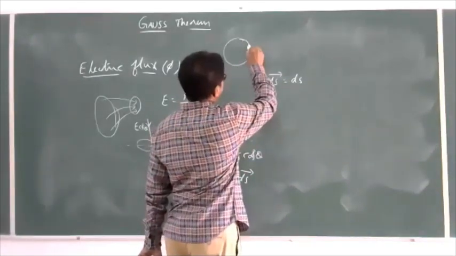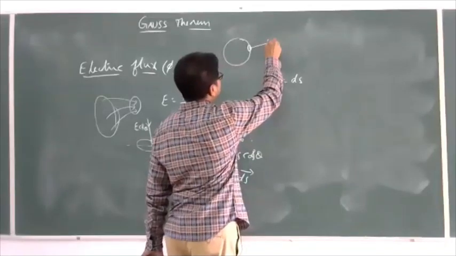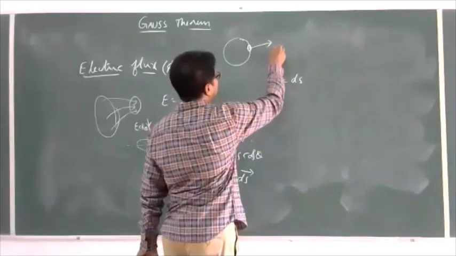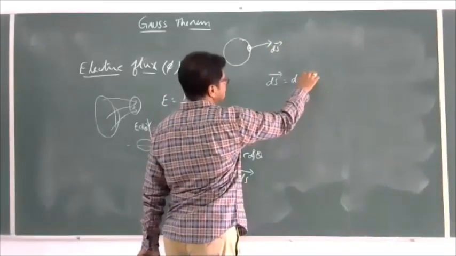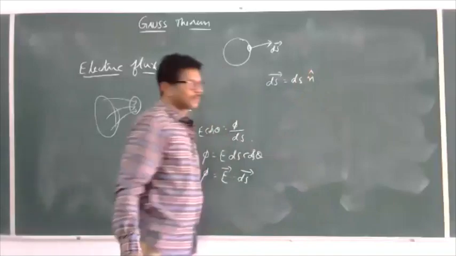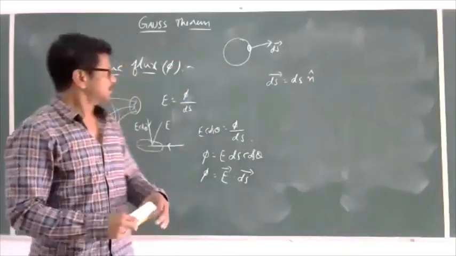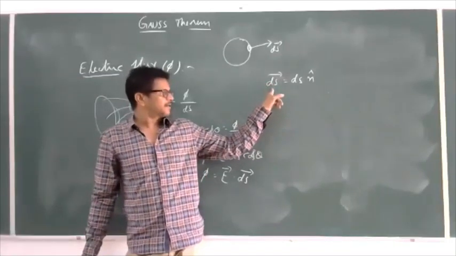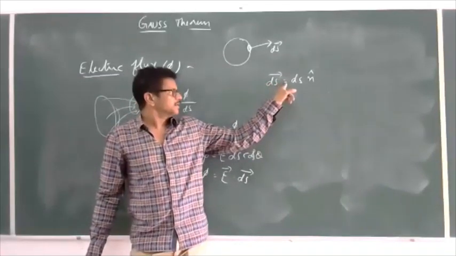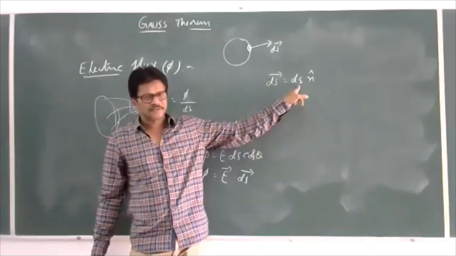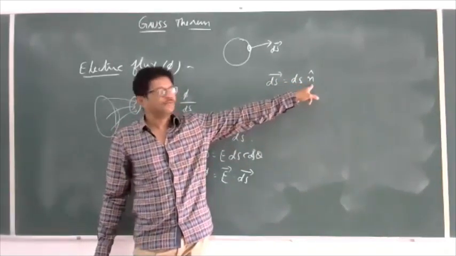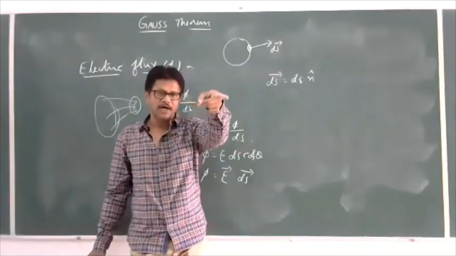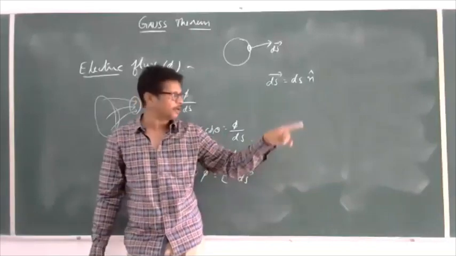Its direction will always be normal and outwards. That is nothing but n cap. So this is the way to represent an areal vector. Its magnitude is ds and its direction will always be normal and outwards. Very, very important point.